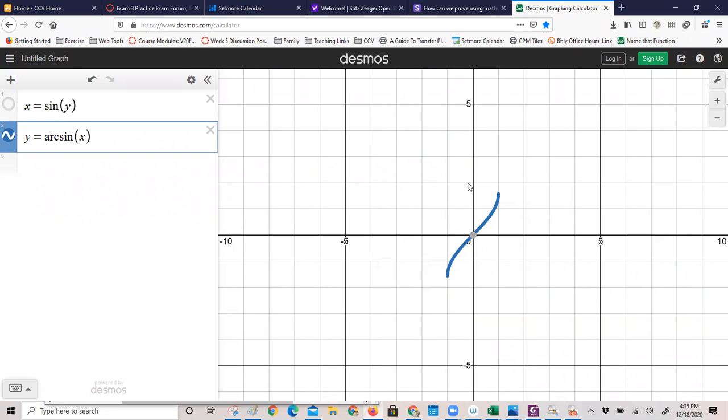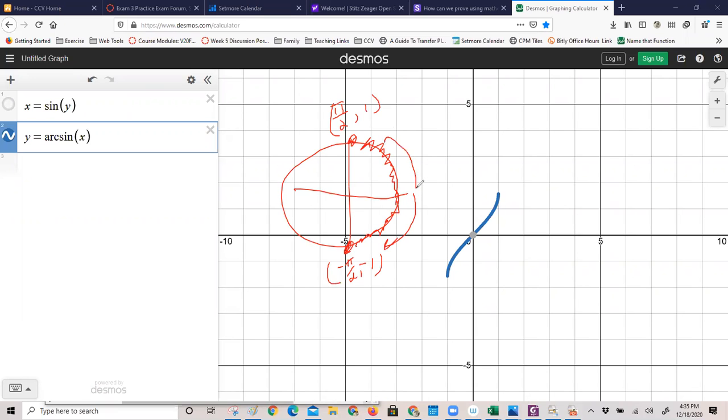If you think about this as far as the unit circle, I'm only going to get output between negative pi over 2, -1, and positive pi over 2, +1. That's the coordinates. So I'm only going to get output in these quadrants here. And remember, from here it's a negative angle, and here it's a positive angle.